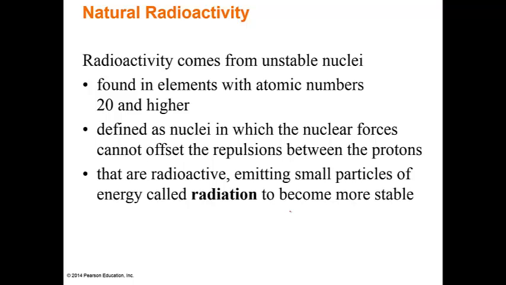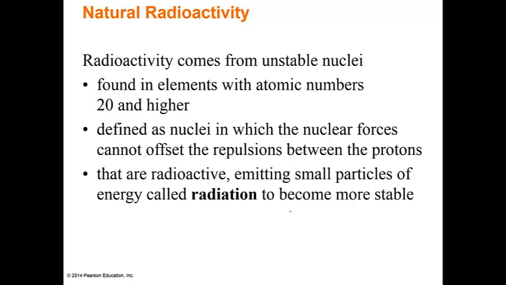Okay, so radioactivity comes from an unstable nucleus. What do we know about the nucleus? We know it's made up of protons and neutrons, right? With the exception of hydrogen, which can exist without a neutron. An unstable nucleus is one in which the nuclear forces cannot offset the repulsion between the protons, and these are radioactive, emitting small particles of energy called radiation to become more stable.